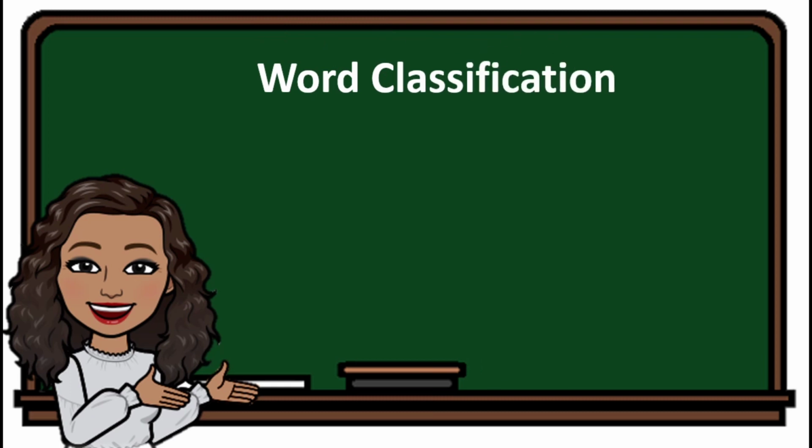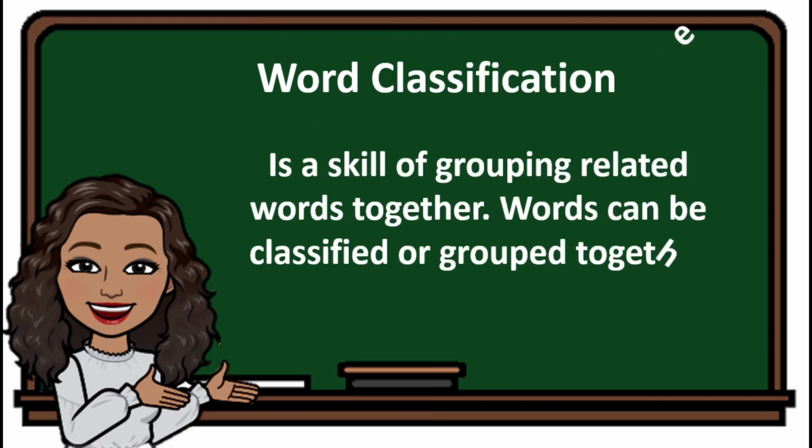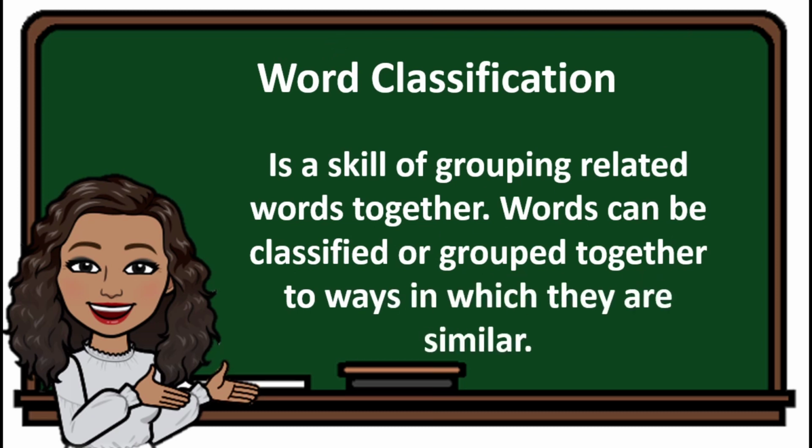After learning what analogy is, let us now define word classification. Word classification is a skill of grouping related words together. Words can be classified or grouped together according to ways in which they are similar.